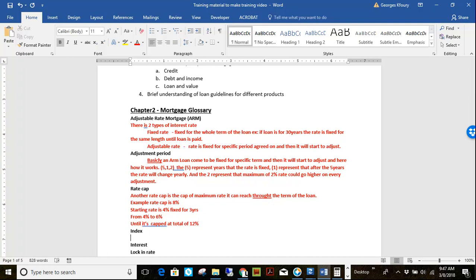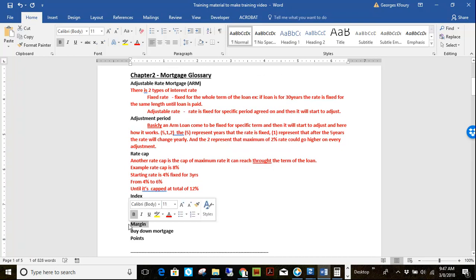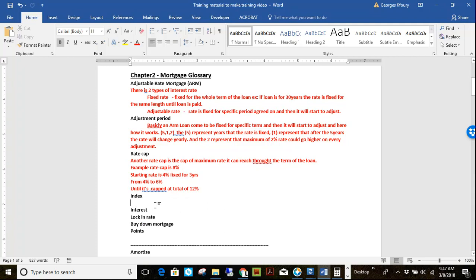Index. And there is another part, so I'm going to put them together: index and margin. What are the index and the margin?